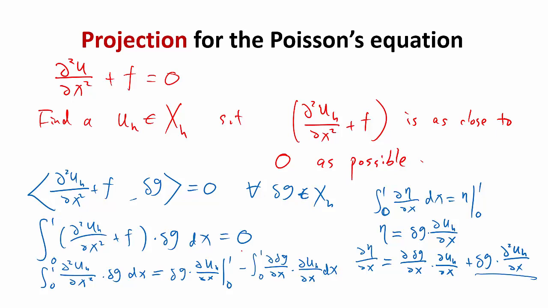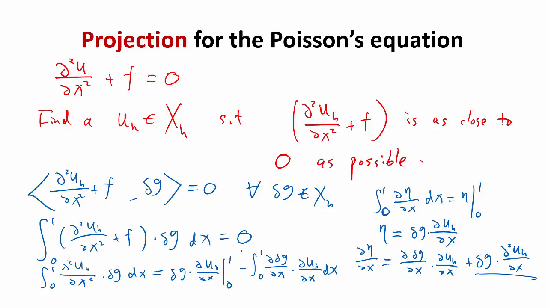The finite element solution is a function within a prescribed finite dimensional space, which makes the residual of the differential equation as close to zero as possible within the same functional space.